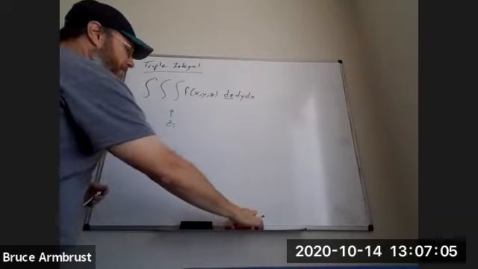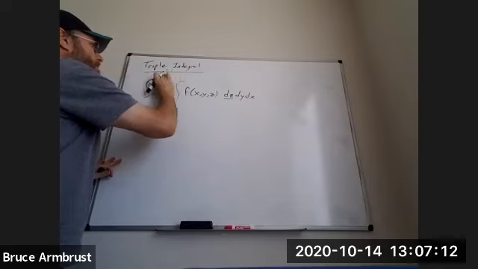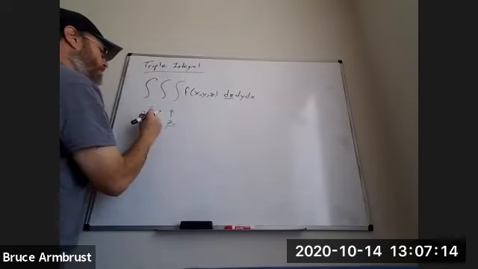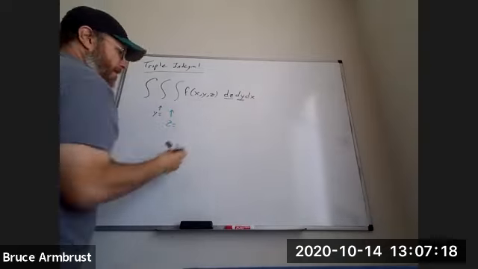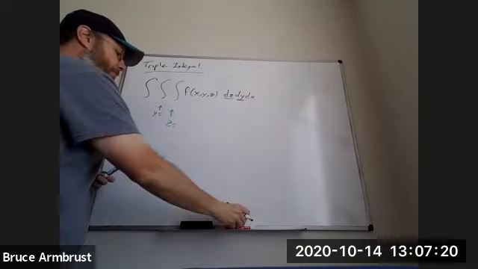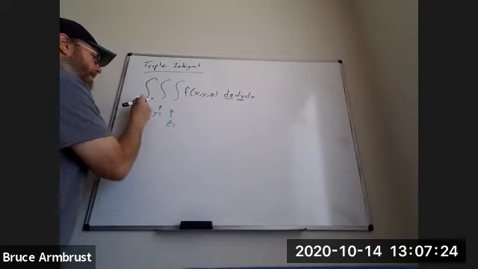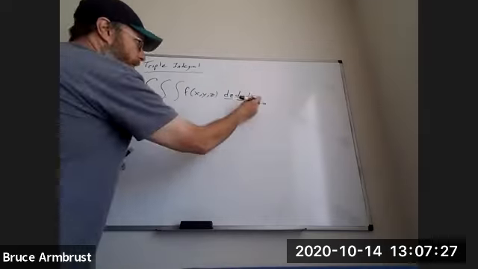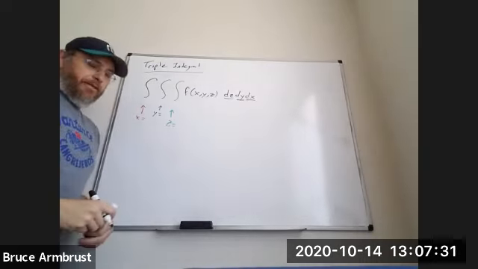Which then means the next ones out are going to be y equals, again because of the fact that we had dy, and then this last one will be x equals. So exactly the same idea as what we saw with the double integrals. We just now have 3.